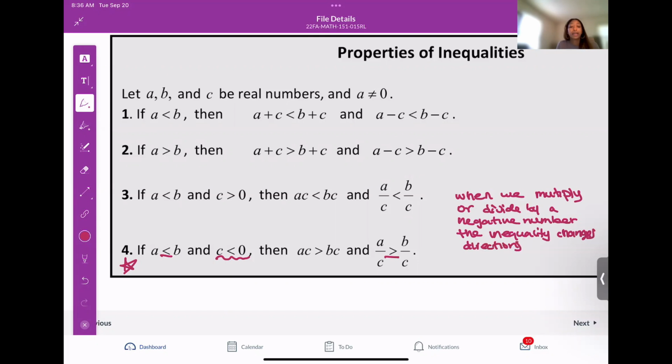So if you had a less than sign, it becomes a greater than sign. If you had a greater than sign, it becomes a less than sign. That's the only thing that's different than solving an equation. Otherwise, the steps will pretty much be exactly the same. Just pay attention to when you multiply by a negative or divide by a negative, and switch the direction of the inequality.